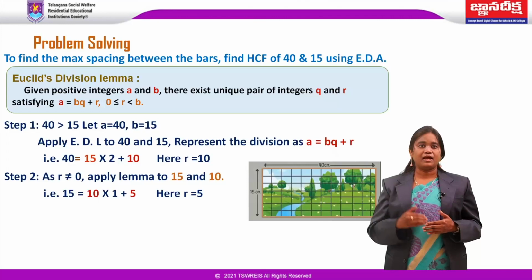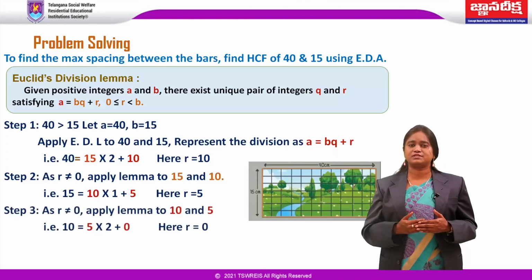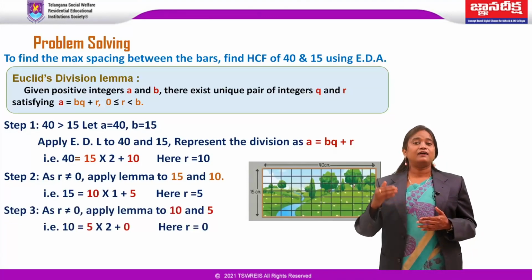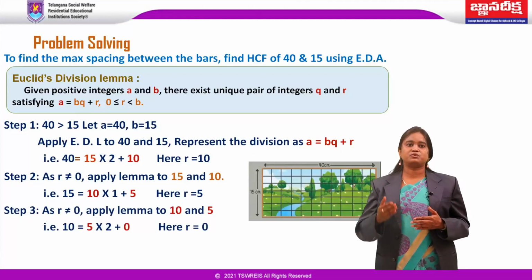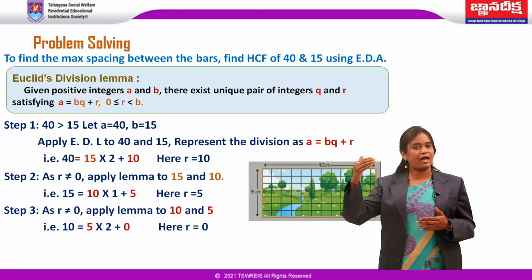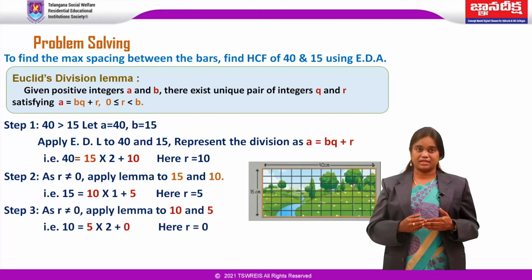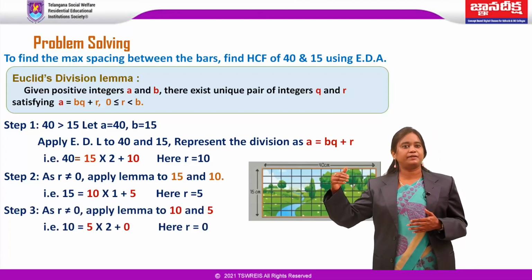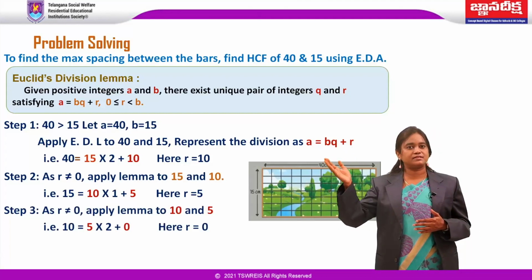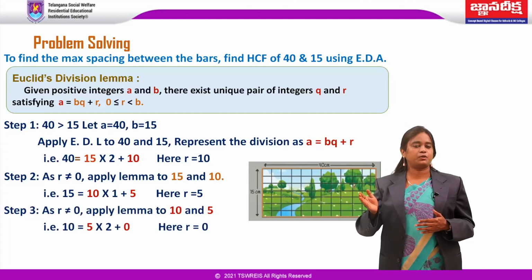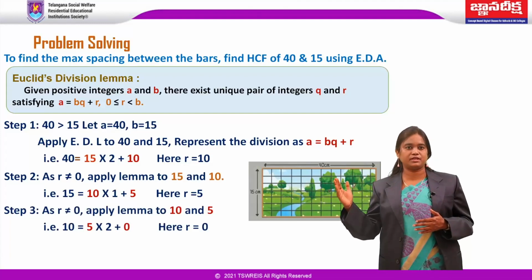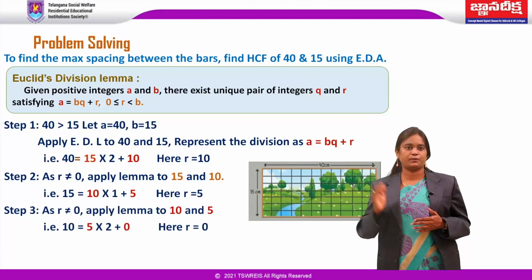Step 3. Again the remainder is not equal to 0. So apply Euclid's division lemma to the divisor in step 2 and the remainder. That is, 10 divided by 5, and represent it as 10 = 5 × 2 + 0.